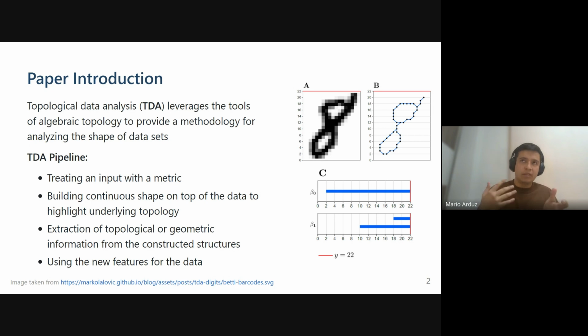After building these shapes, we are going to try to extract some features out of this representation of the information with some concepts of topology. So we get the data, transform it into another type of representation with topology, get some topological features out of it, and these features can be used later on for modeling. This is the general TDA pipeline.